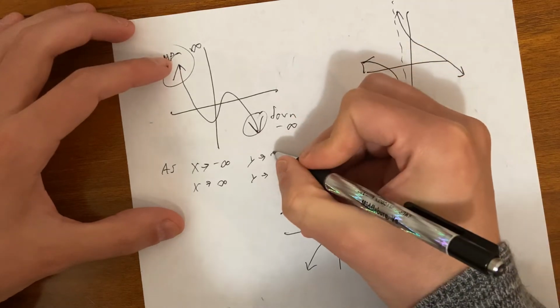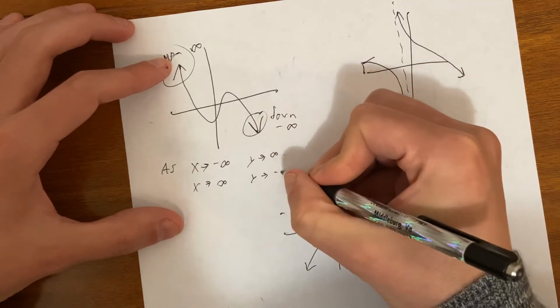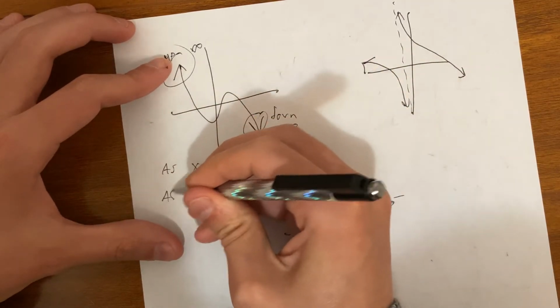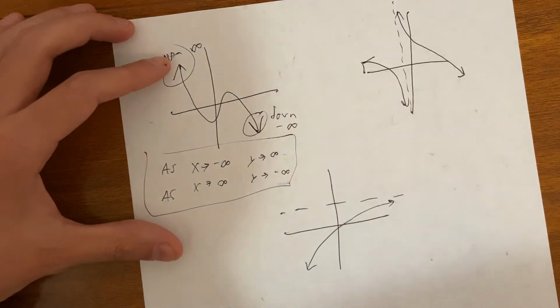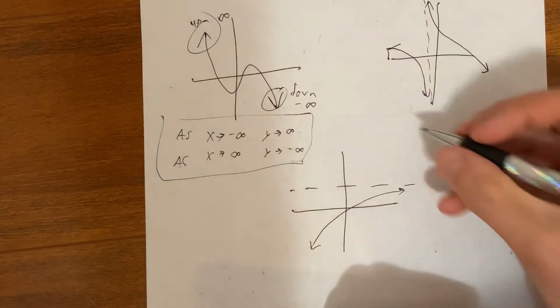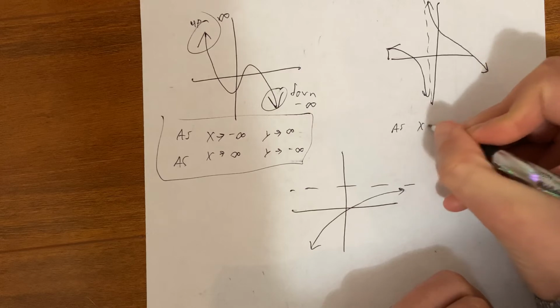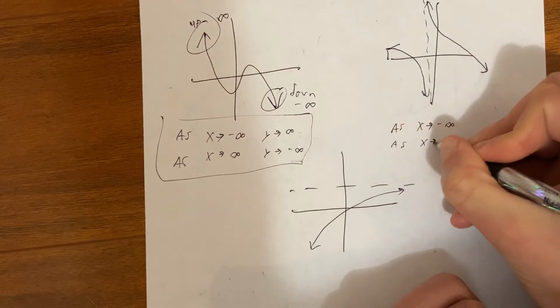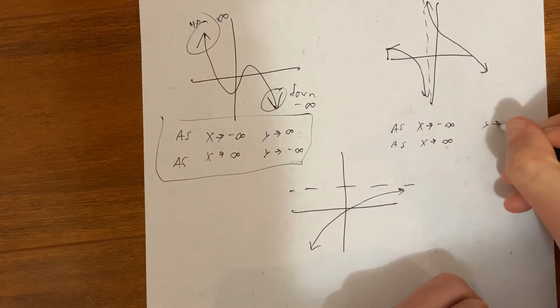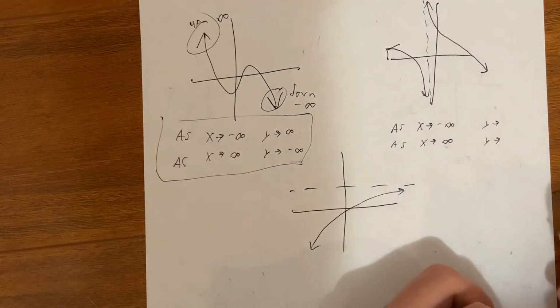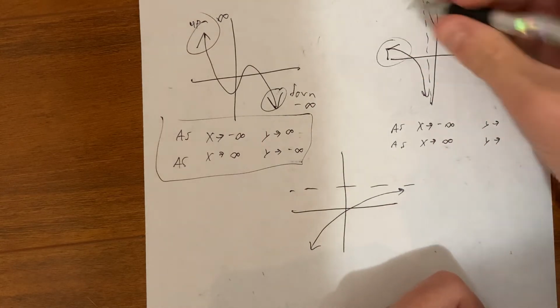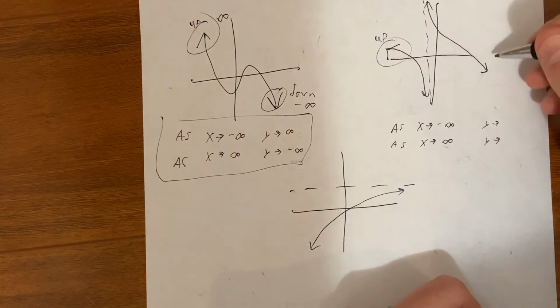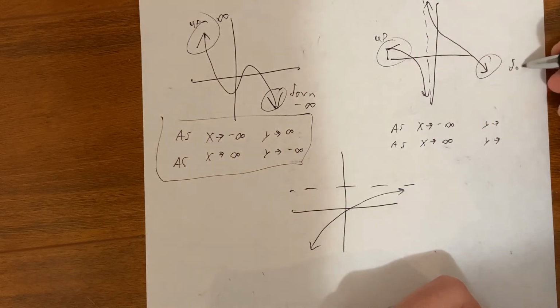This one goes up to infinity, this one goes down to negative infinity. Over here, as x goes to negative infinity or positive infinity, this one on the left is going up, and this one on the right is going down.